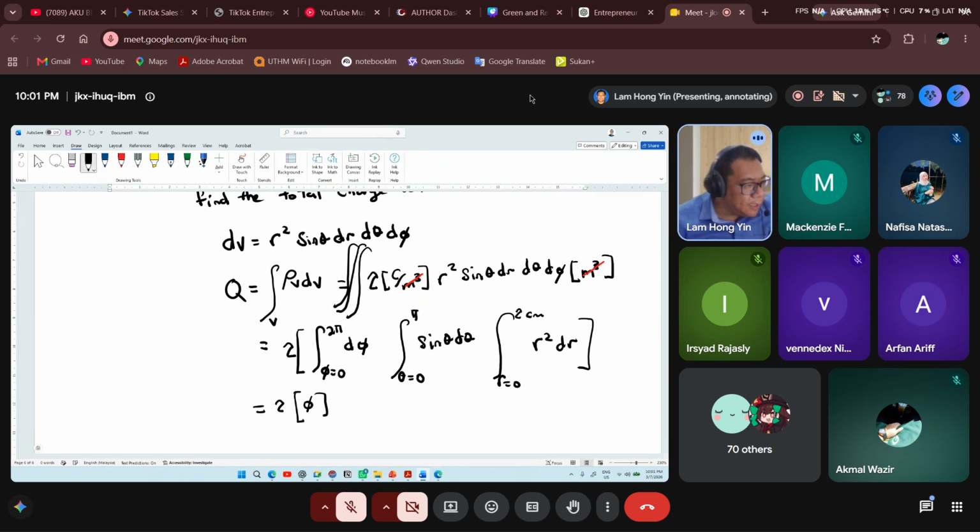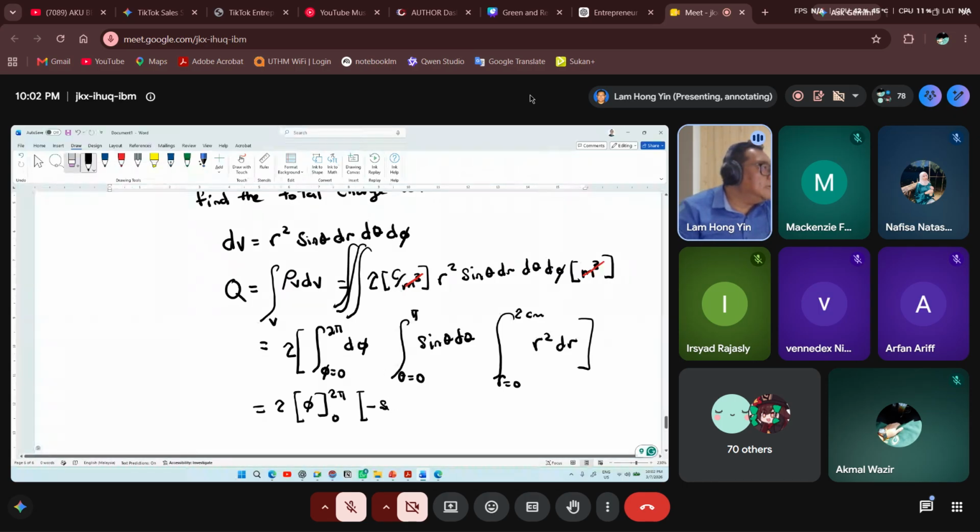For phi, it is from 0 to 2 pi. Another one, negative, because when you integrate sine, you will get negative cos.